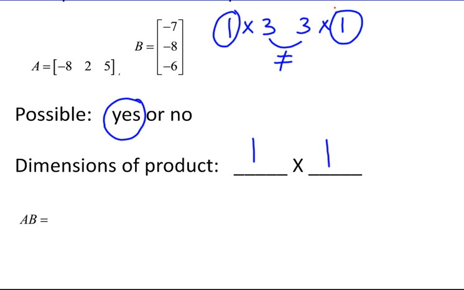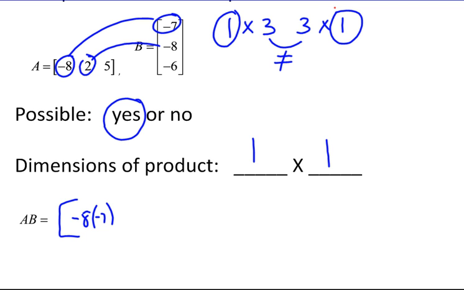Okay, so let's take a look at what we have. So what we're going to do first is we're going to take the row, -8 times -7, we're going to take 2 times -8, and last is 5 times -6.